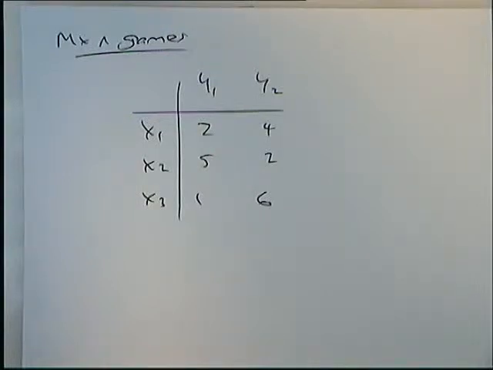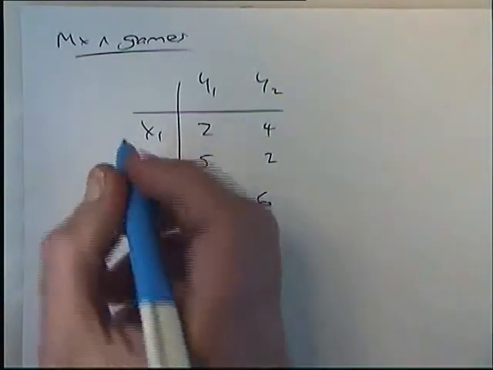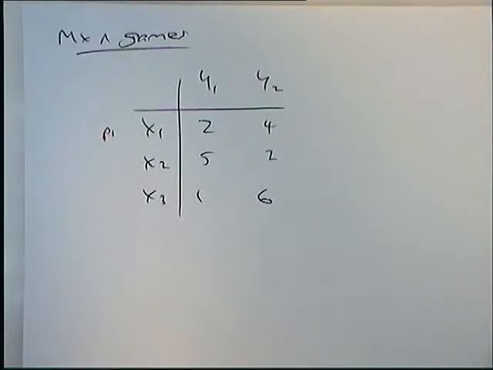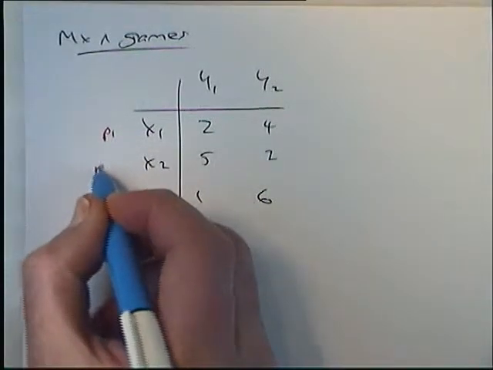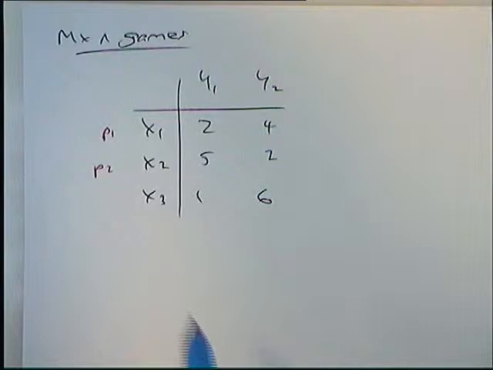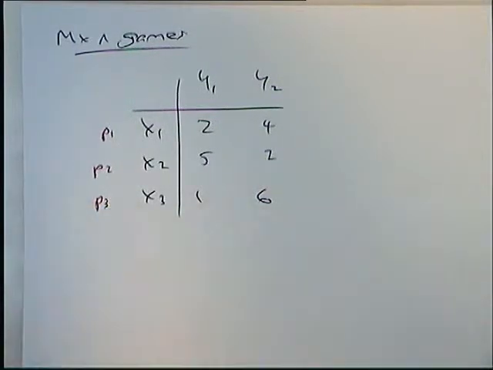So, in an n times m game, we've got here, our offensive player has 3 strategies to use. We'll say he uses probability P1 for strategy X1, probability P2 for strategy X2, and probability P3 for strategy X3.